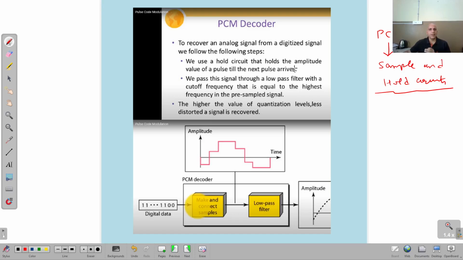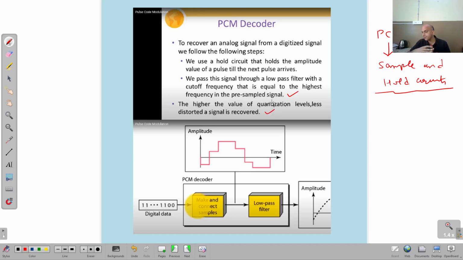We use a hold circuit that holds the amplitude value of the pulse till the next pulse arrives. We pass this signal through a low pass filter with a cutoff frequency equal to the highest frequency in the pre-sampled signal. The higher the number of quantization levels, the less distortion in the recovered signal.